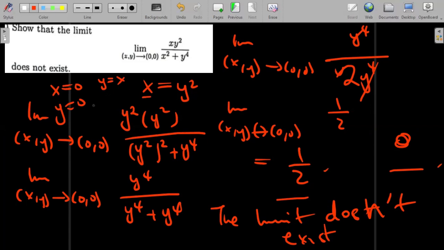You can test these main ones, and also you can use a linear function where I just say maybe y is equal to mx, or mx plus 1. So you can test those, then you check. But mostly you check these, and the one we just did, and you see whether it's going to approach the same limit or not.